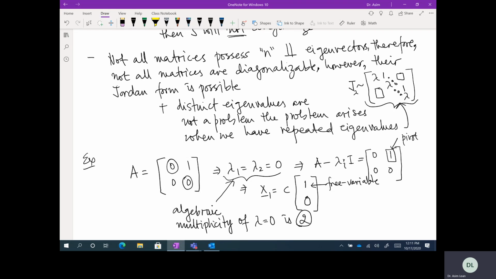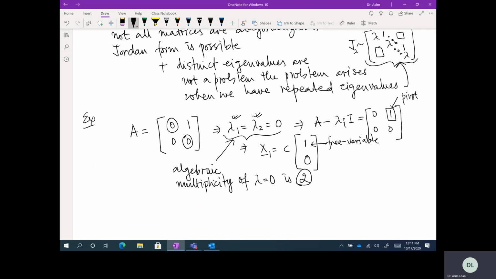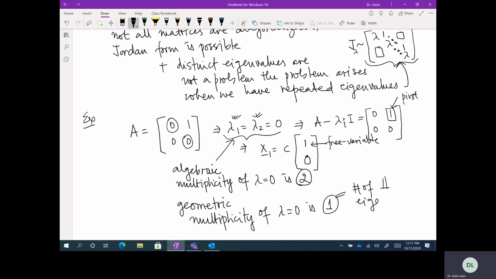There are two eigenvalues, but there is only one eigenvector, and the geometric multiplicity of the eigenvalue equal to 0 is 1, and this is equal to the number of independent eigenvectors. So there is only one independent eigenvector associated with this. So this is the geometric multiplicity.